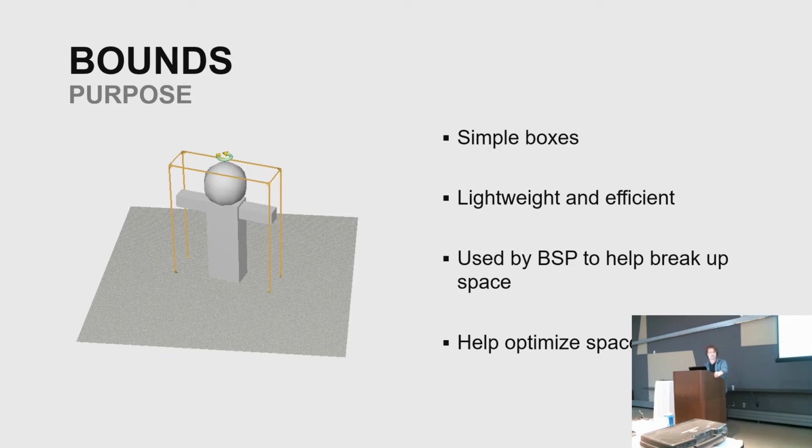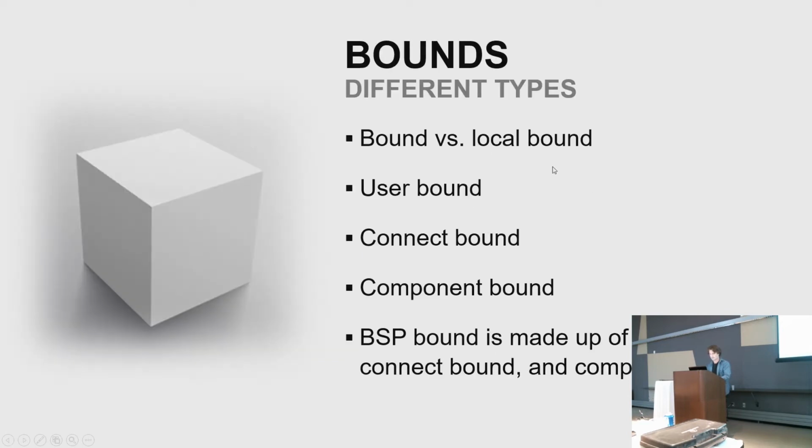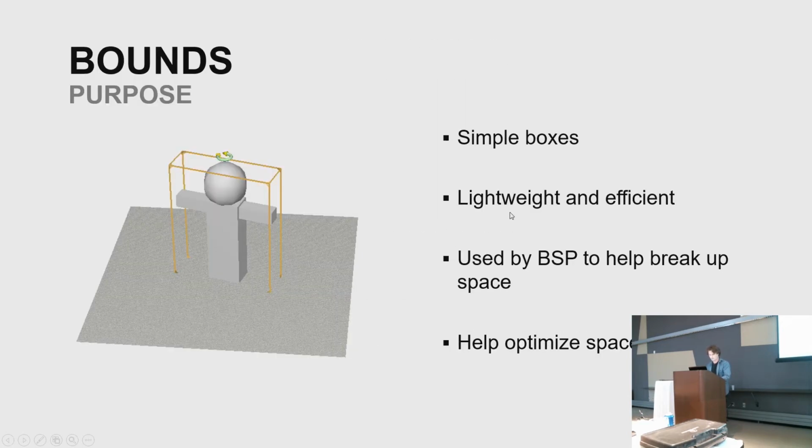They're lightweight, efficient, and don't take up much space in memory. They are used by the BSP to help break up space. When you start adding snappers to space, the snappers have bounds, and the BSP says, what is your bound? Oh, you're in this node as opposed to this other node. And these help optimize space interaction. I'll show you right now how that works.